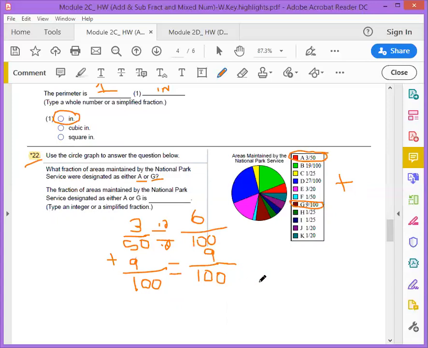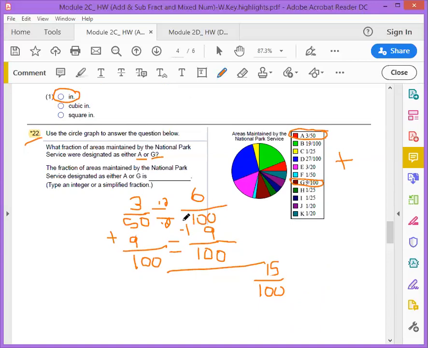Now we'll keep that denominator of 100. And then we want to add in the numerator 6 plus 9, which gives us 15. Now 15 over 100, this fraction can be reduced. We can simplify it. You just got to make sure you write your answer in lowest terms.